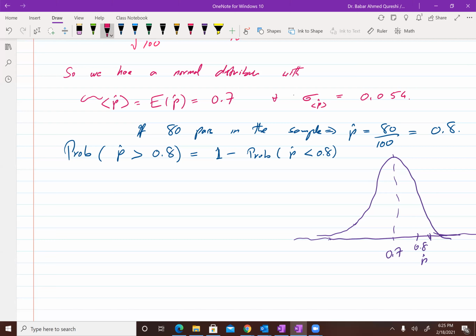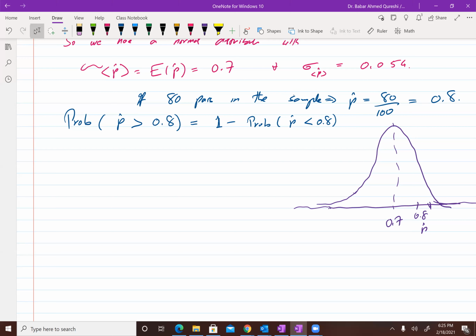Sir, the mean is 0.7. Sir, is that the mean or is it P? Well, in the normal distribution, the peak is the same as the mean. The peak happens at the mean for the normal distribution.